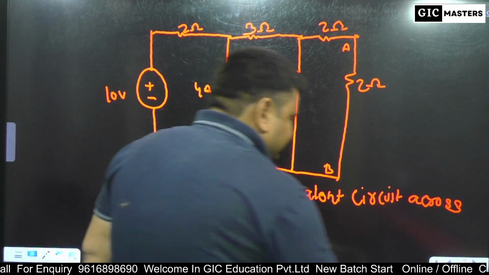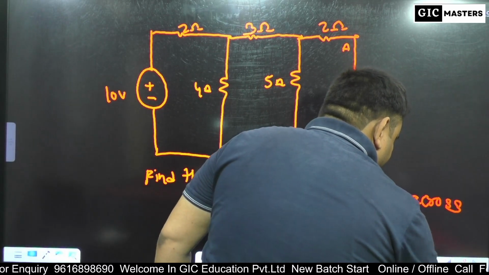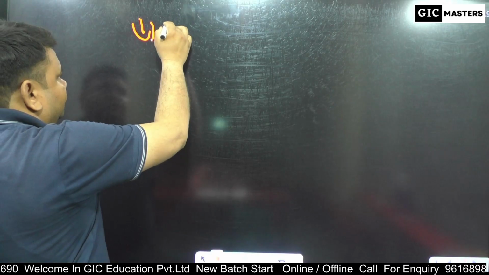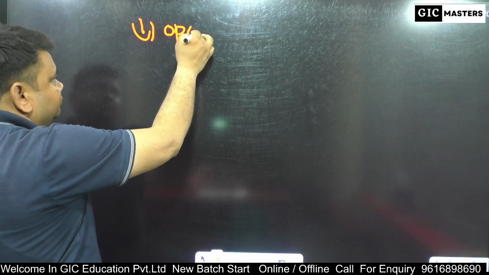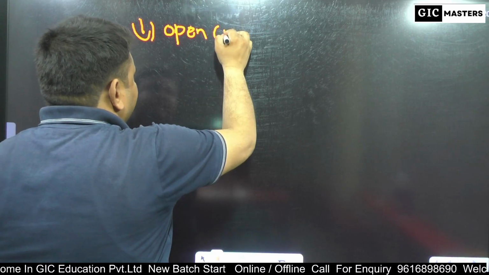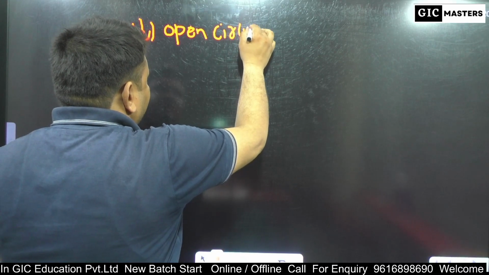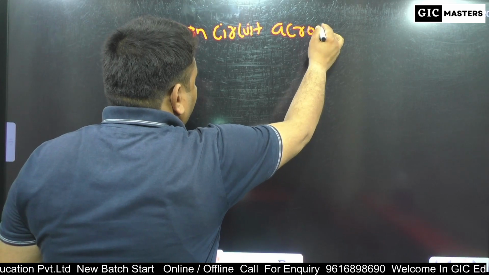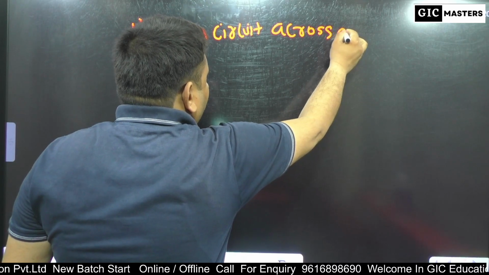The following steps we use for calculating Thevenin's voltage. First, open circuit across AB.